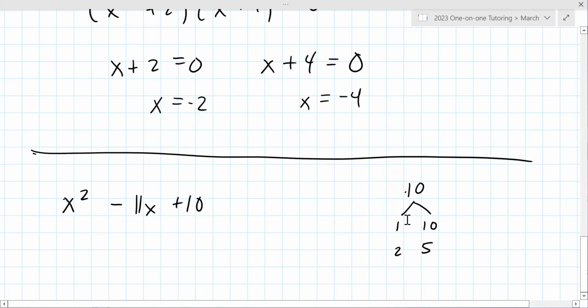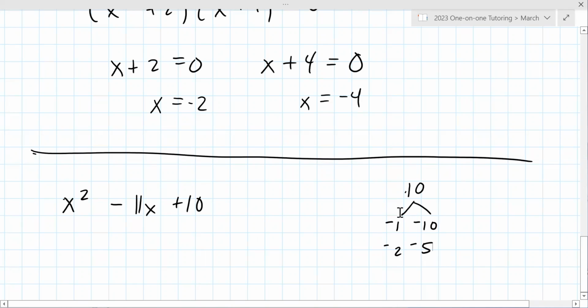Well, no. It has to be negative. So then you have to change these numbers. Now, if you make them both negative, do they still multiply to 10? Is -1 times -10 positive 10? Yes. If you're trying to get a negative number here, and this one's positive, they're both negative.